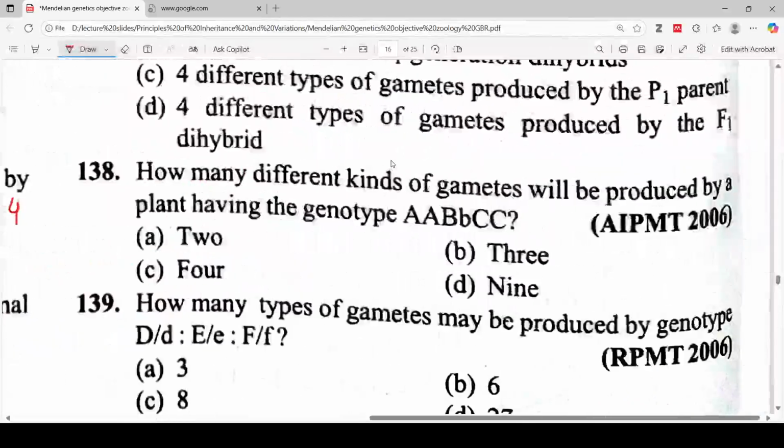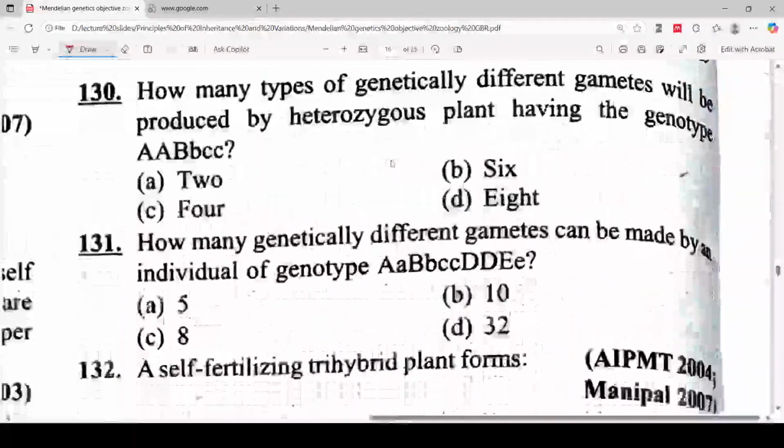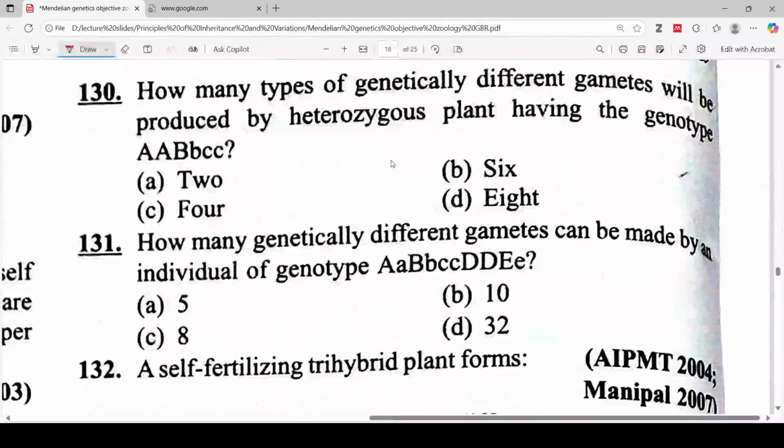Next question, how many types of genetically different gametes will be produced by a heterozygous plant having this genotype? Again you have to count the number of heterozygotes. The number of heterozygotes is 1, so option 2.